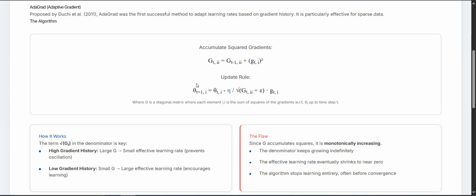Then the update becomes theta sub t plus 1,i equals theta sub t,i minus eta times g sub t,i divided by square root of G sub t,ii plus epsilon. So you are basically dividing the gradient by the accumulated square roots. So repeated large gradients shrink the learning rate automatically.